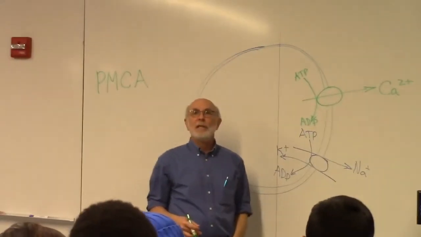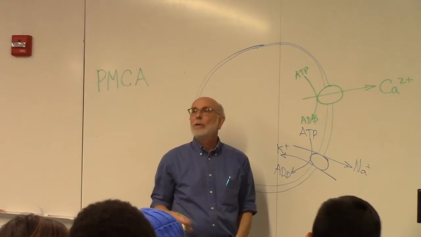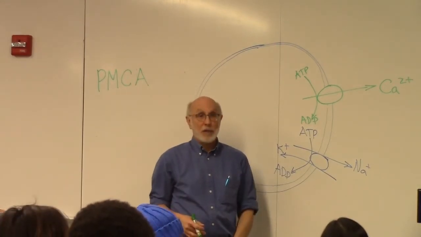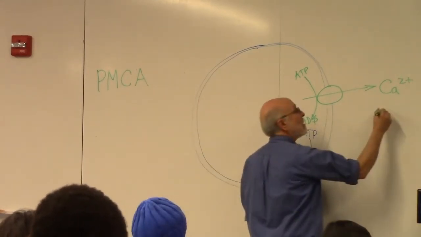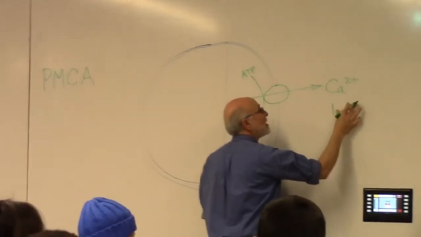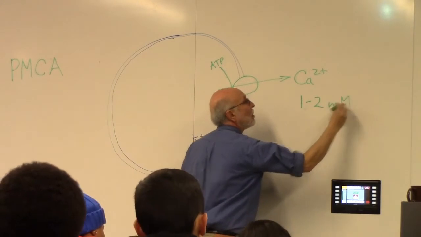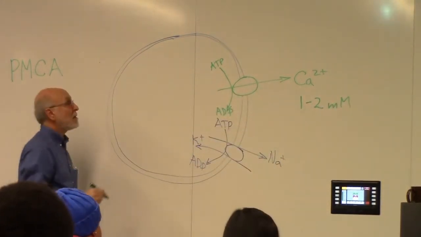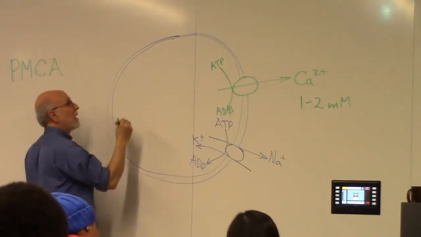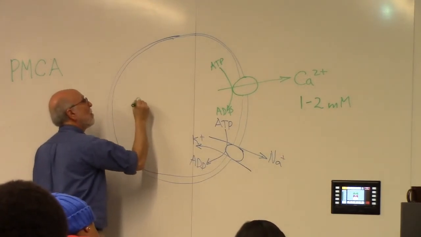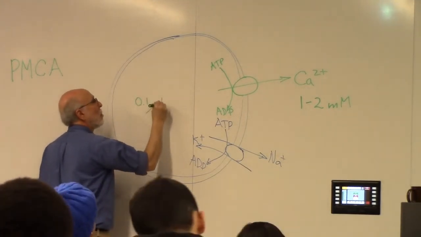So where is the calcium concentration higher? Outside a cell. The calcium concentration outside cells is on the order of 1 to 2 millimolar. And the calcium concentration on the inside of cells is on the order of 0.1 micromolar.